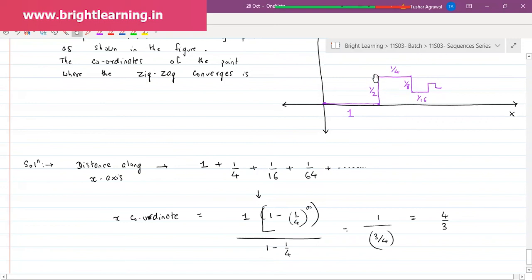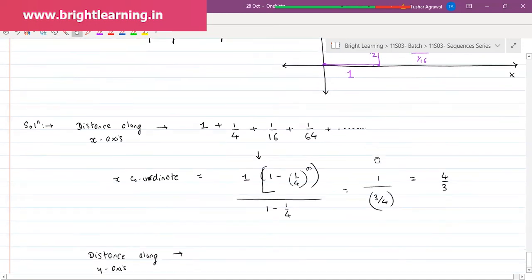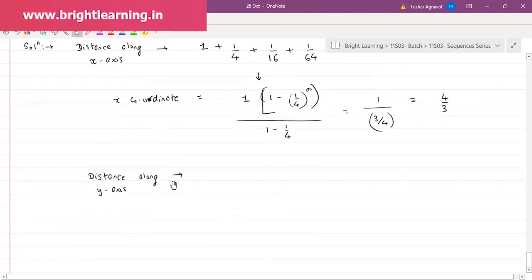So it is positive half, then negative 1/8. After that, he's again changing his direction along the positive y-axis. So the distance along the y-axis traveled is positive half, then negative 1/8, then positive 1/32, then negative, and so on and so on.